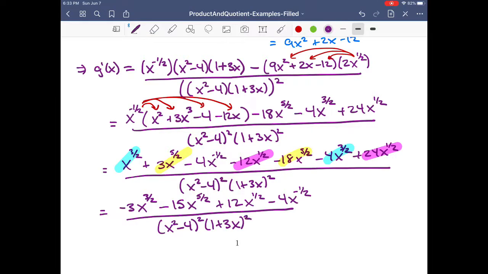Now we shouldn't really leave negative exponents, so maybe we want to factor out x to the negative 1/2 here. Then I'm going to have negative 3x squared minus 15x cubed plus 12x minus 4 over the bottom.